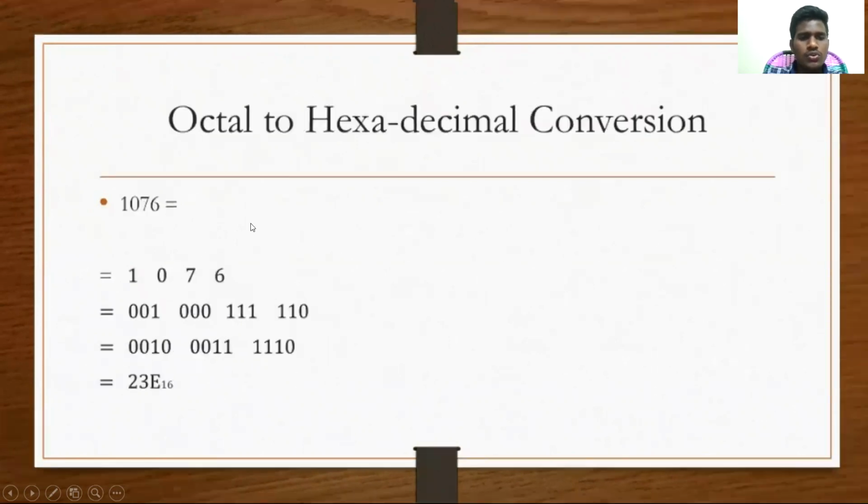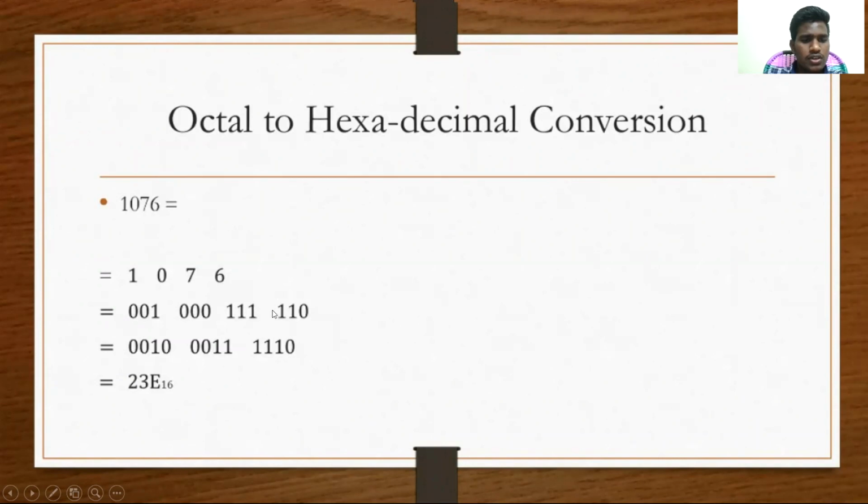Next, octal to hexadecimal number. Here we have to remember that whenever we want hexadecimal, we have to group the bits into 4 values. Here 1076 is given as the octal number.